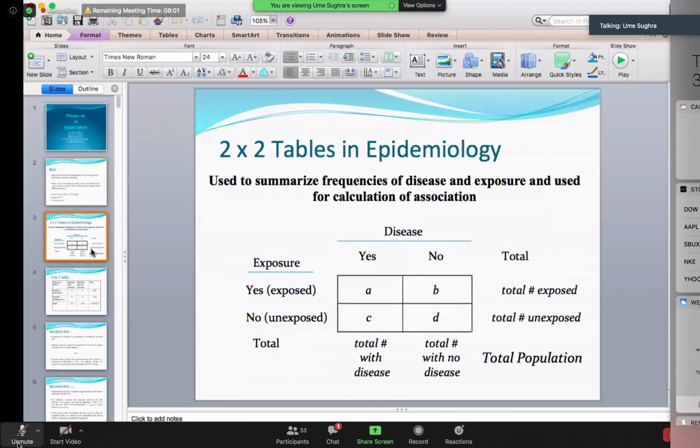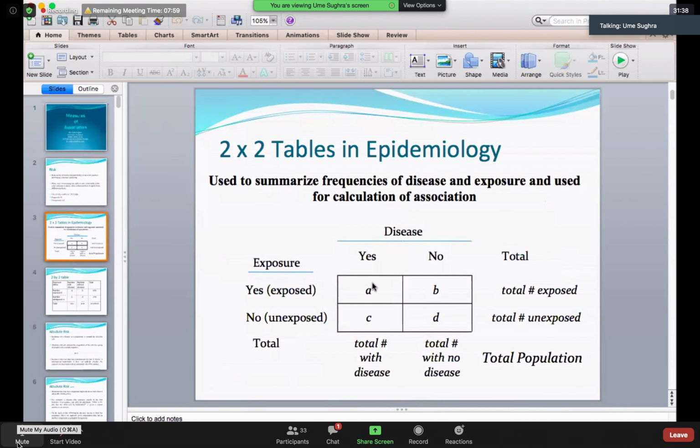Now, we have already covered that they are diseased, and this is the exposure that is written on the left hand side for the rows. And here generally we write down N, the total population number.